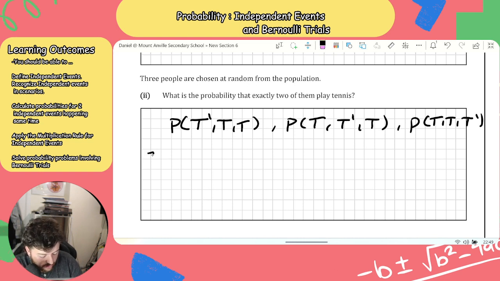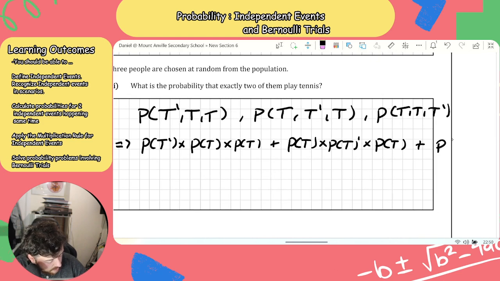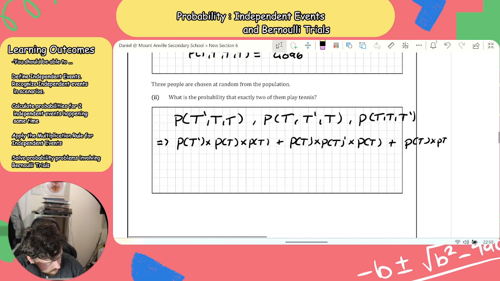So let's shove all of this in. The probability of not playing tennis times playing times playing, plus playing times not playing times playing, plus playing times playing times not playing.